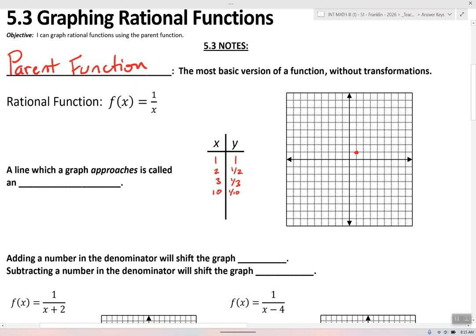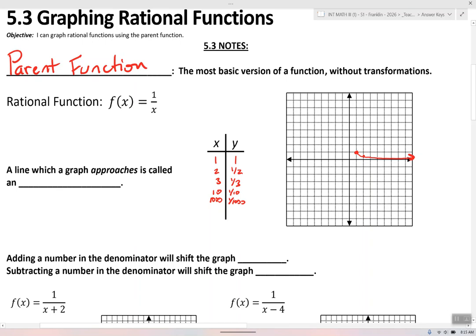So it's going to get smaller and smaller as I increase. It just kind of approaches 0, but it's never going to touch it because even if I put a number like 1,000 in here, that's 1 over 1,000, which isn't 0, but it's close to it.